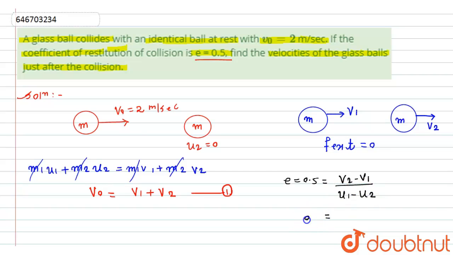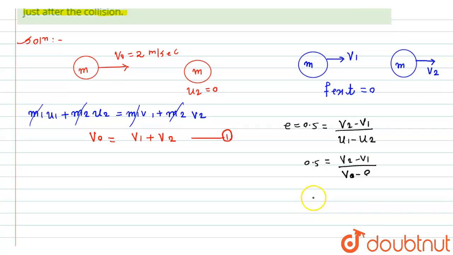So 0.5 equals v2 minus v1 divided by u1, which is v0, minus 0. From here we get another equation, that is v0 multiplied by 0.5, which can be written as 1 by 2, equals v2 minus v1.